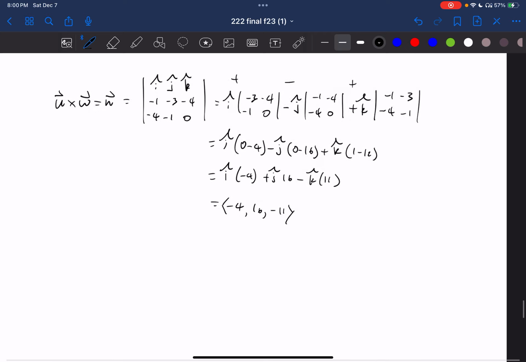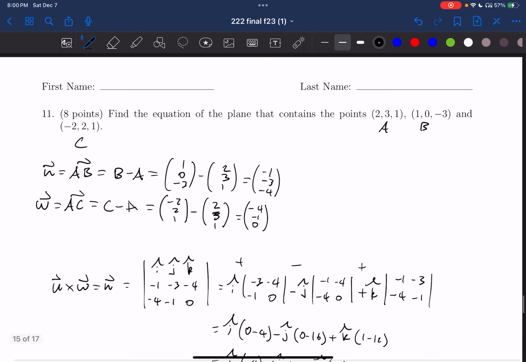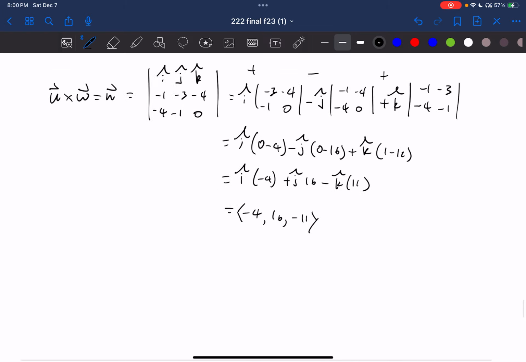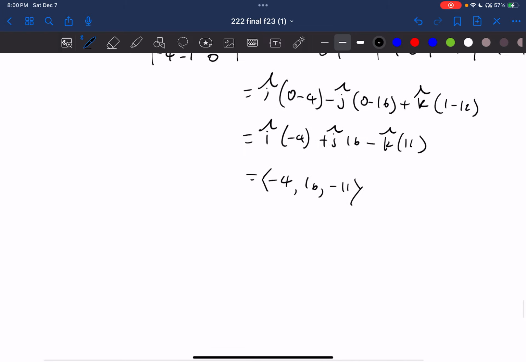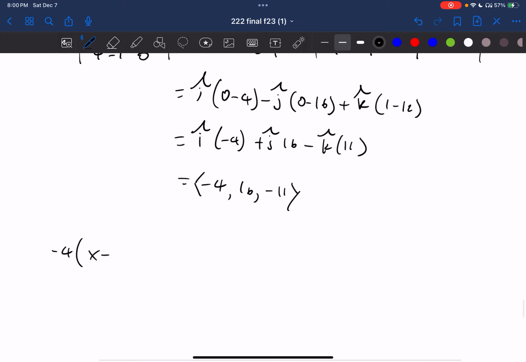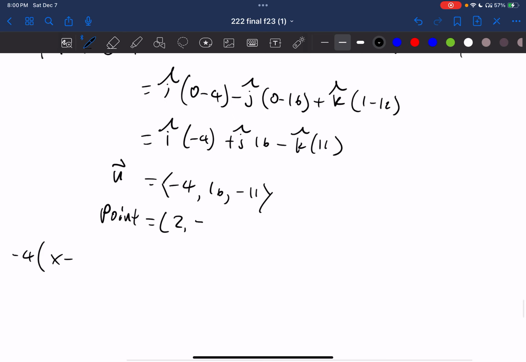Okay, so now that we have this, we can write the equation of the plane. The equation of the plane is going to be the normal. So negative 4 times x minus a point. So this is the normal, so we can just do any point, I guess. Point is equal to, let's do A, 2, 3, 1.